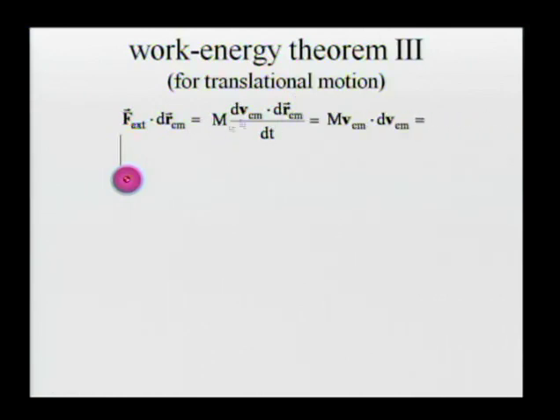So I will have mass times velocity times differential of velocity. Velocity of the center of mass. Well, I wrote it that way because now I can recognize that v dv is a differential of a certain function.